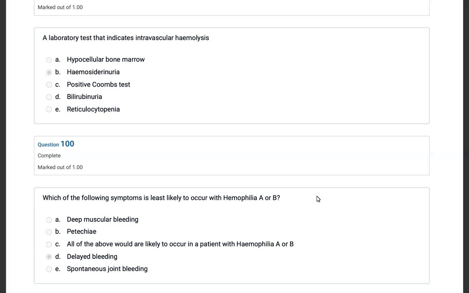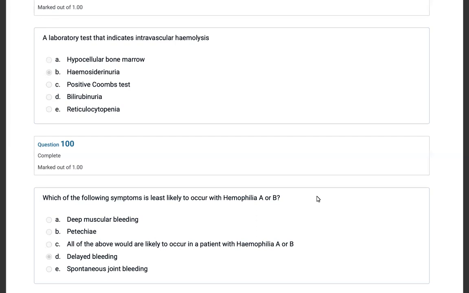But intravascular means it's within blood. And if something is happening within blood, the most common place of filtering blood is going to be the kidneys. Hence, whatever is happening, as the degradation products, one of them being hemosiderin or even hemoglobin, you're going to have present within urine. So hemosiderinuria and hemoglobinuria are going to be a very good distinguishing factor between intravascular and extravascular hemolysis.